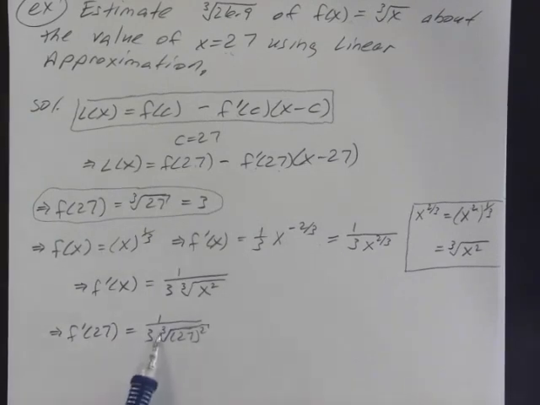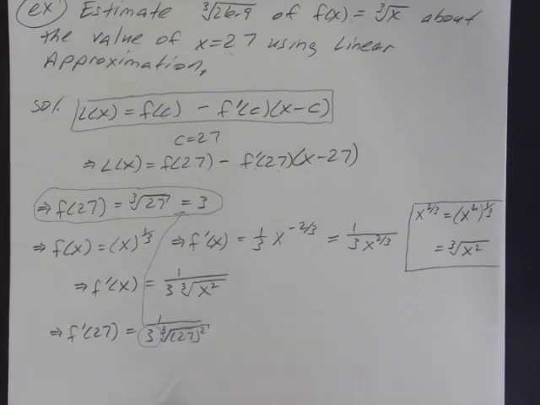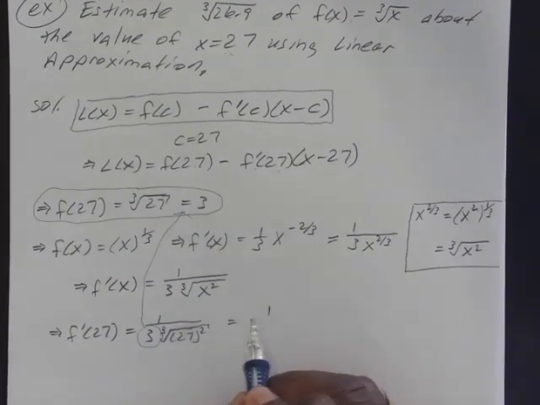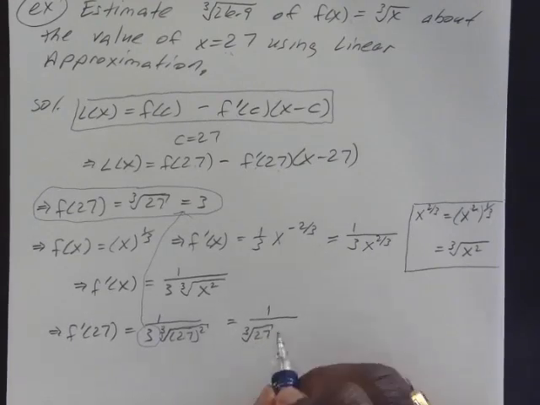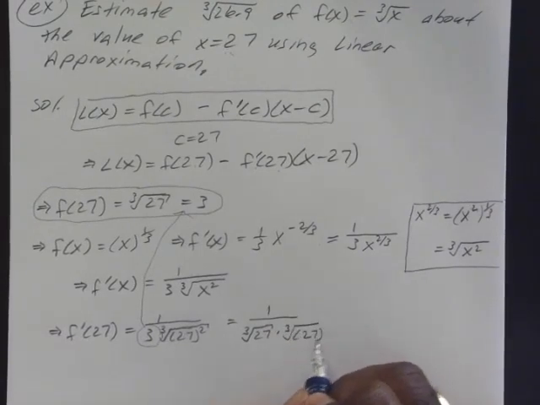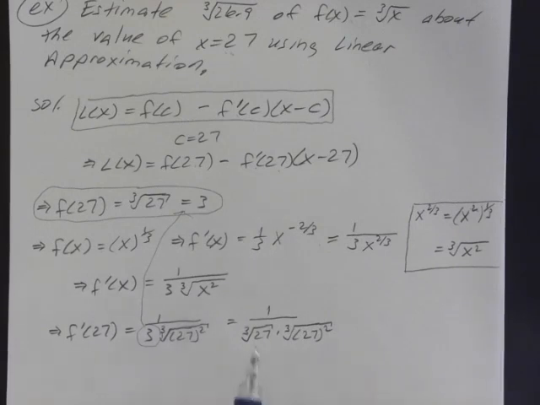Okay. But if you remember, we can simplify this because the cube root of 27 is equal to 3. So we can write this as 1 divided by the cube root of 27 times the cube root of 27 squared. So we have the cube root of 27 times cube root of 27 times cube root of 27.